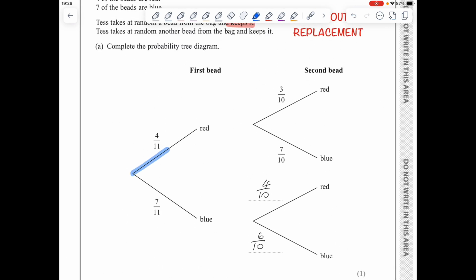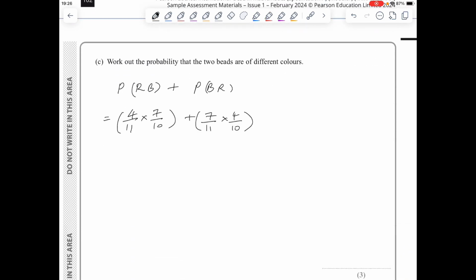So that's 4 over 11 times 7 over 10, or 7 over 11 times 4 over 10. So let's write this down. And this is 28 over 110 plus the same thing, which gives 56 over 110. If you simplify, you'll get 28 over 55.